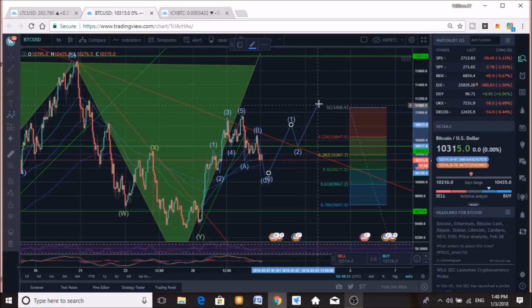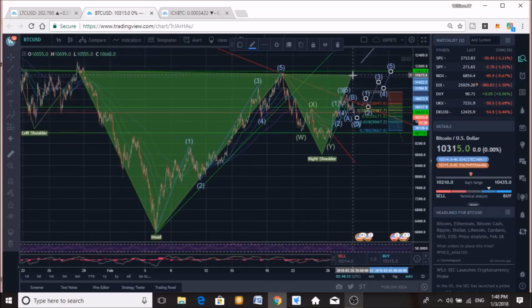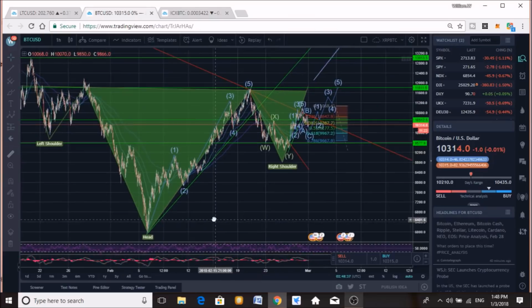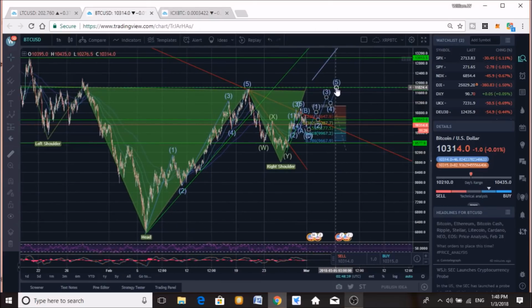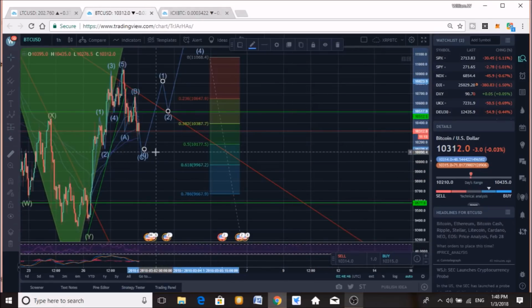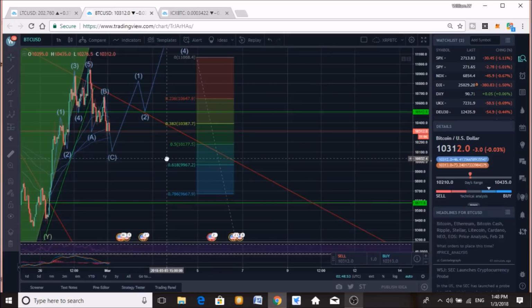It might be something like this. That would be very bullish, because with the inverse head and shoulders I drew here a few days ago, if you watch my old video, this 5 will probably break the neckline resistance. That's scenario 1, the bullish scenario.